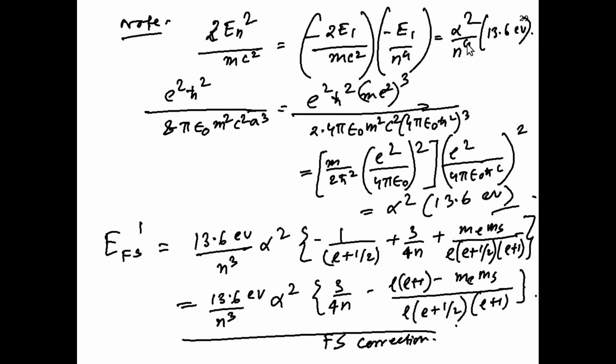It becomes alpha square by 10 to the power 4 times 13.6 eV, and similarly this complicated factor can be rearranged to be alpha square times 13.6 eV. So now the first order correction will become 13.6 eV by n cube alpha square with these terms, which comes simply from the fine structure, and it is also an order alpha square correction. So the fine structure correction in the presence of a magnetic field becomes this.